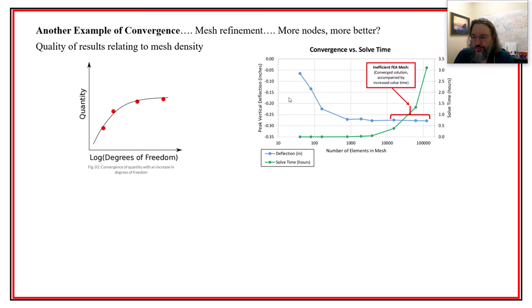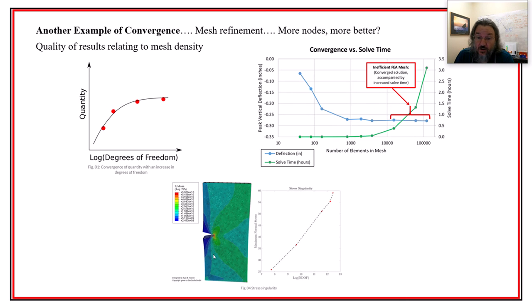Because you could be wasting a lot of computer power, but you also might have an incident where it doesn't converge, right? So if you have a very sharp corner in something, you could have a singularity. And so if you have a coarse mesh, or even just a fairly nice mesh, you might think that's the answer.